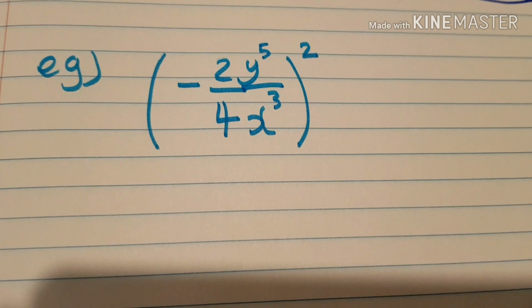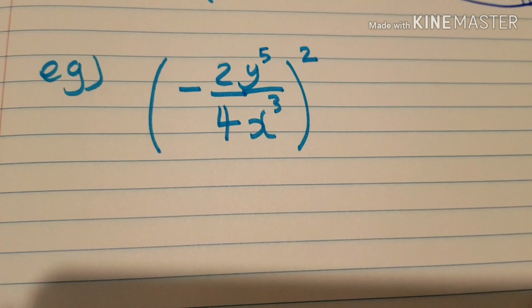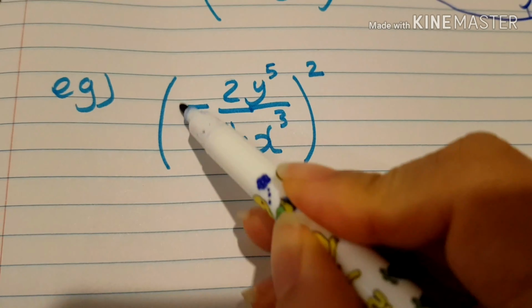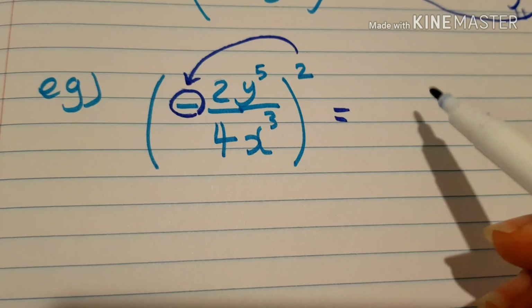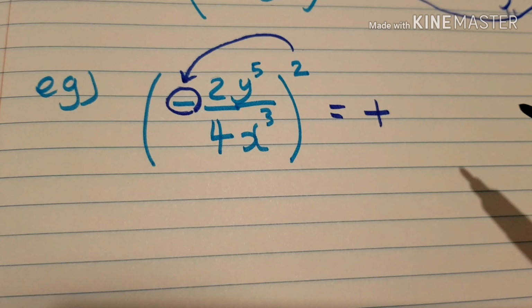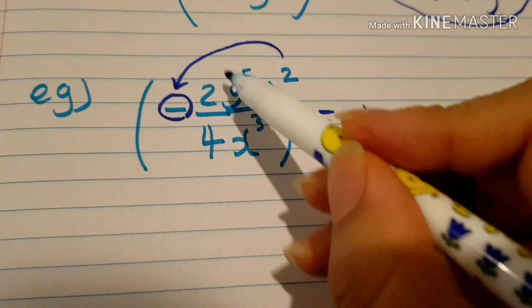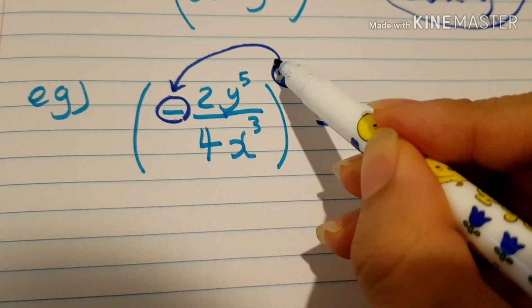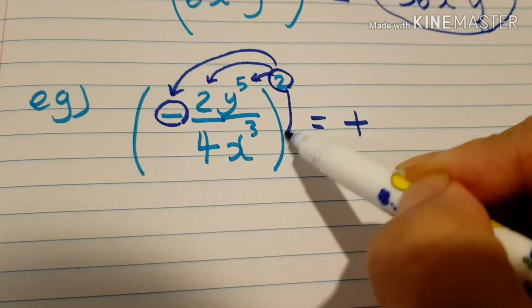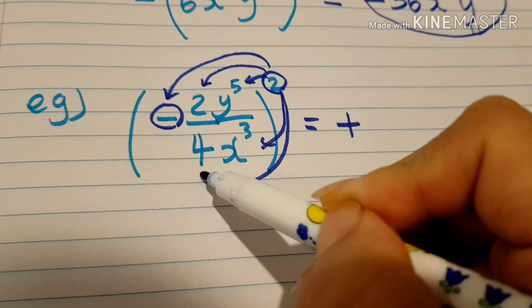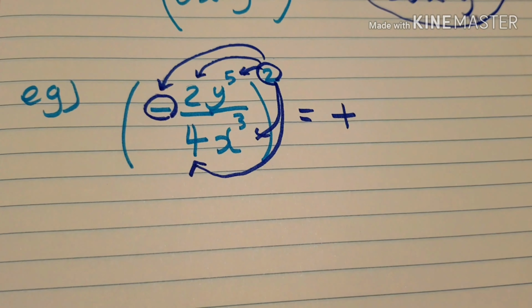Okay, in this case, what am I going to do? We're going to first look at the minus negative, the squared. So that's going to be positive, okay? And to each term, every single term, that applies to 2, y, x, and obviously 4 as well.